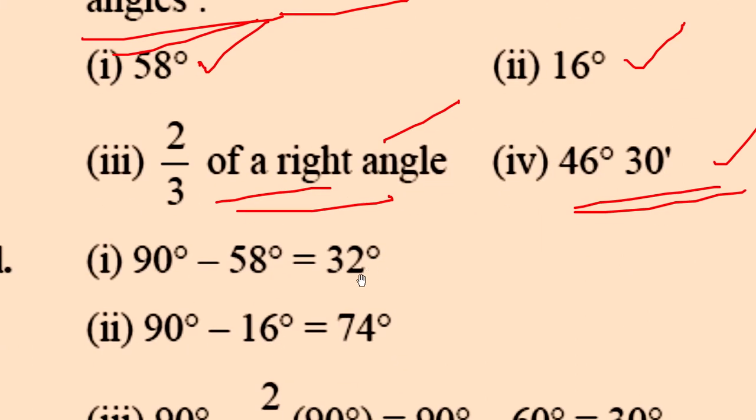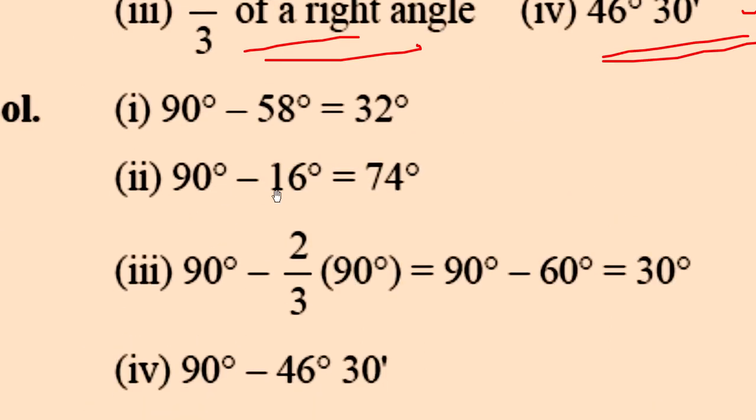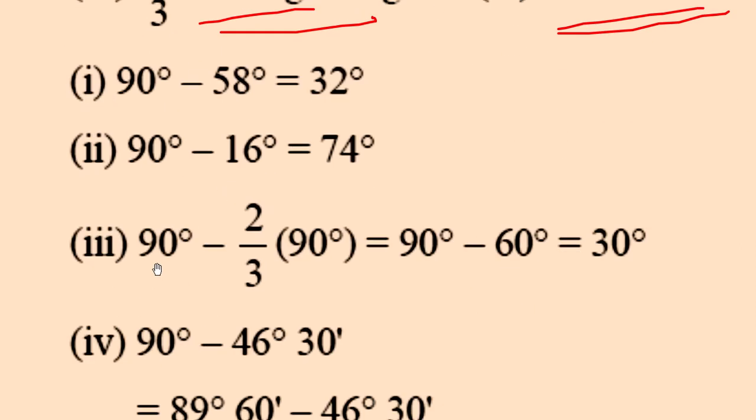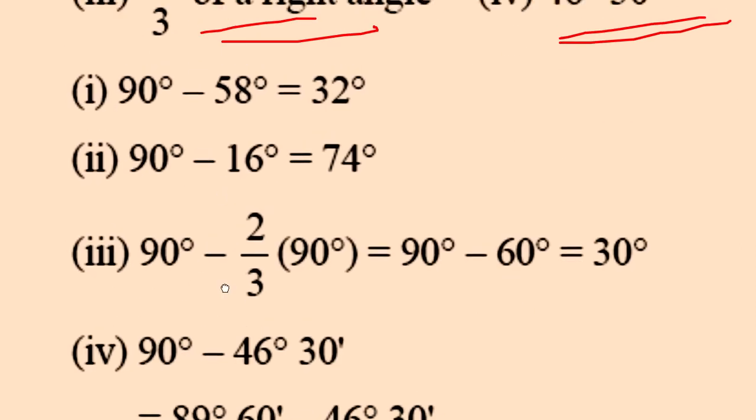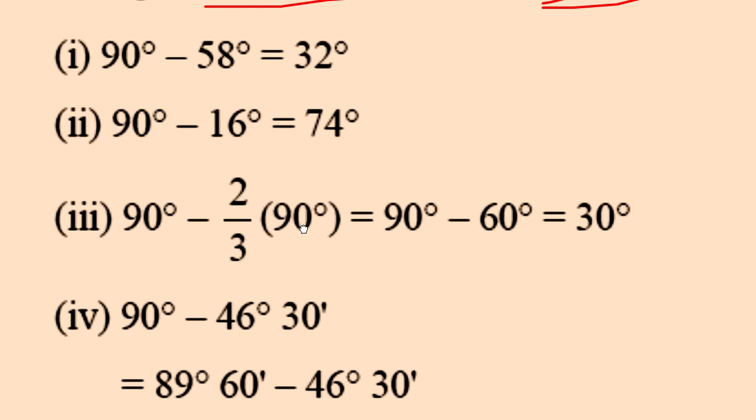How much, children? 32 degrees. Second one, 90 degrees minus 16 degrees. How much? 74 degrees. Third one, 90 degrees minus 2 by 3 of a right angle, that is 2 by 3 of 90. 3 into 30 is 90, 30 into 2 is 60. So 90 minus 60 equals 30.